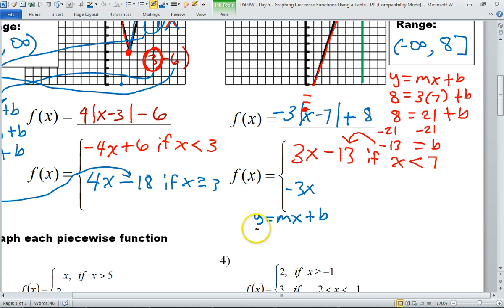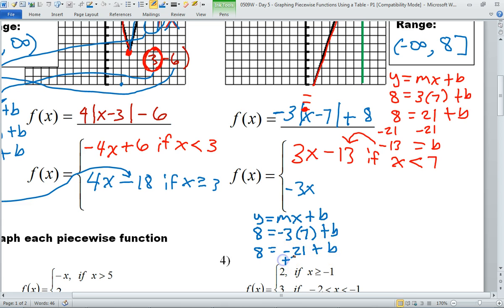Once again, I'm going to use my vertex. So y is 8. The only difference is instead of using a positive 3, this time the slope is negative 3 times 7 plus b. So that gives me 8 equals negative 21 plus b.